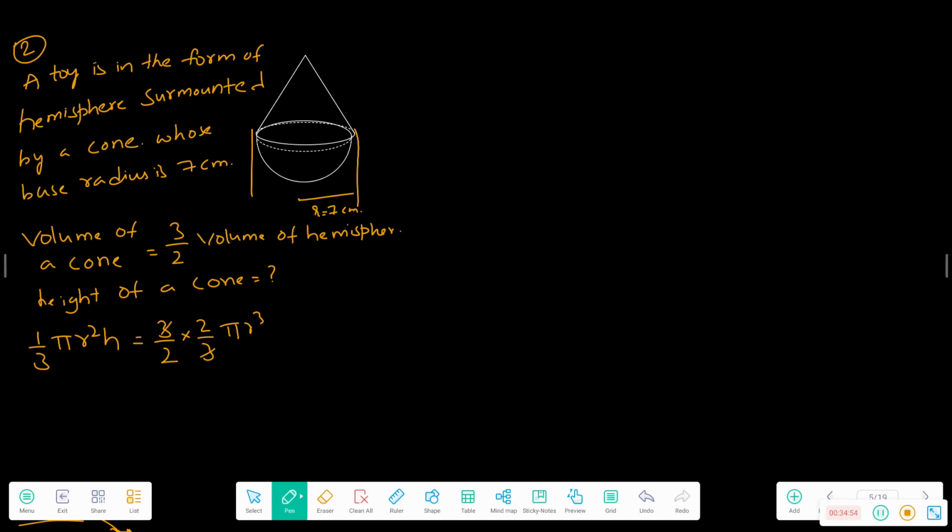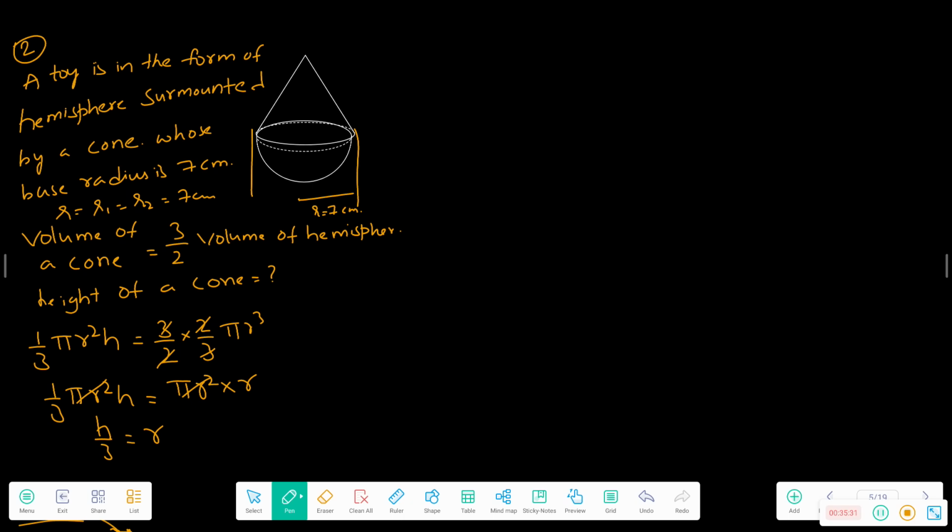So here 3 gets cancelled, 2 gets cancelled. Now 1 by 3 pi r square h is equal to pi r square into r, because the radius for both is 7 centimeter. So pi r square we can cancel, so it will be h by 3 equal to r.